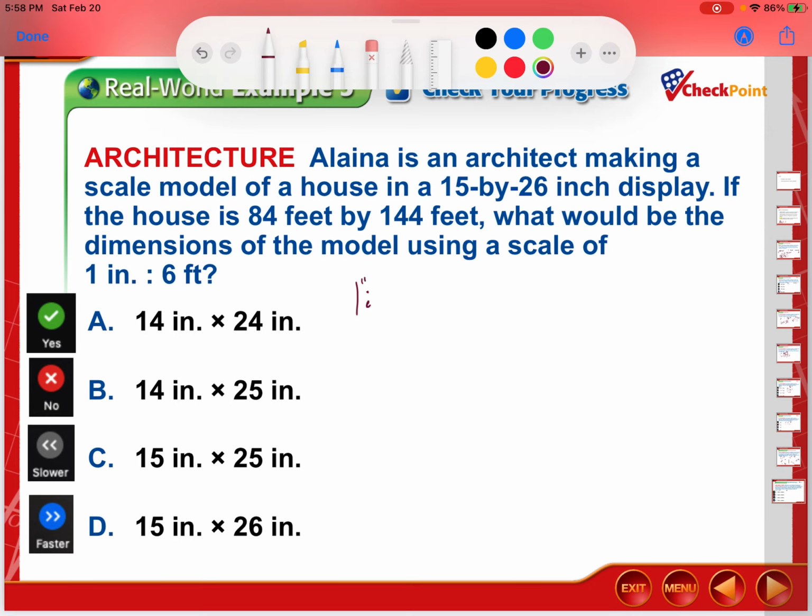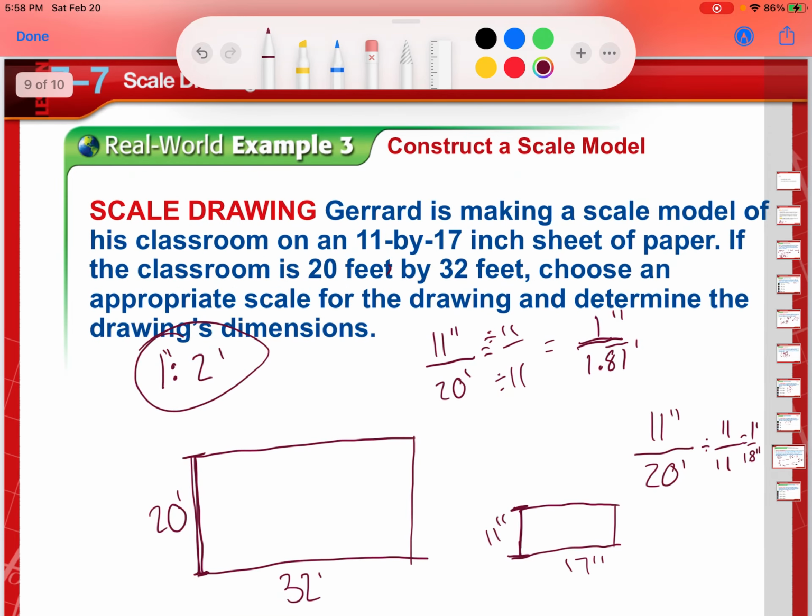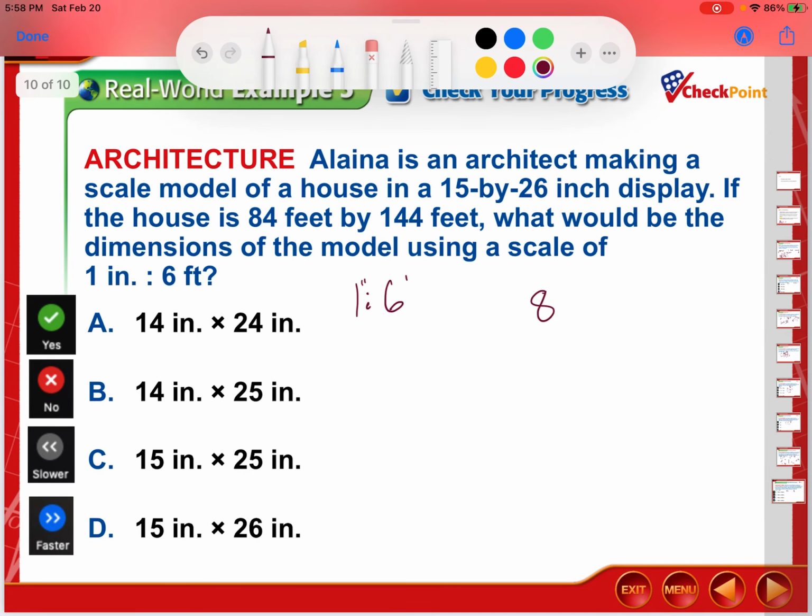So if I have a scale of 1 inch equals 6 feet, then let's look at each of these dimensions individually. So I know the house is 84 by 144 feet.